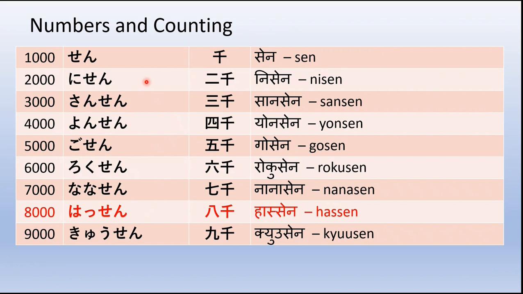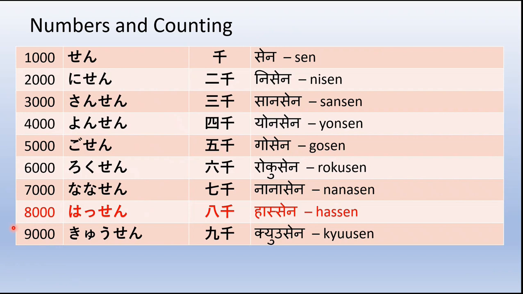2000 will be nisen, 3000 sansen, 4000 yonsen, 5000 gosen, 6000 rokusen, 7000 nanasen. Till now the generic rule applies, but 8000 is not hachisen, it's hassen. There is a combination of sounds, so again a double consonant comes into the picture.